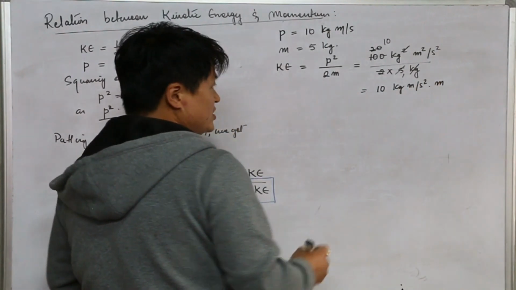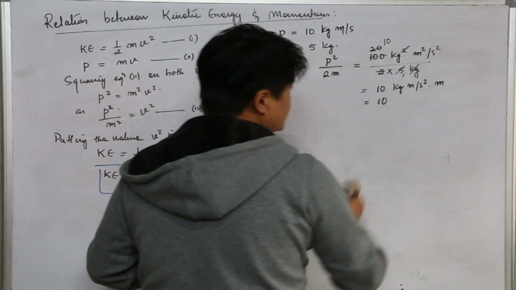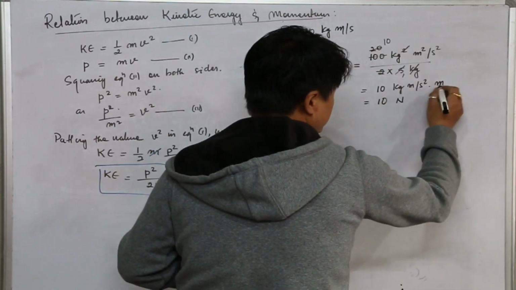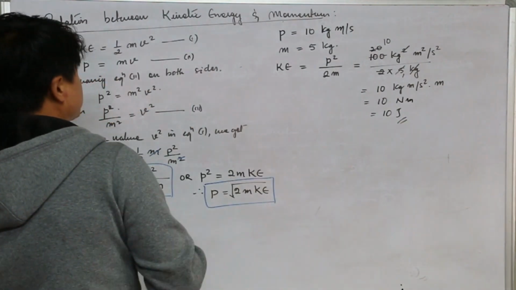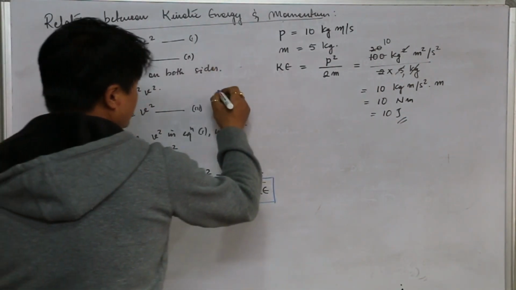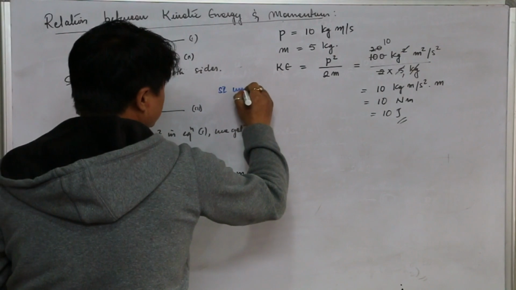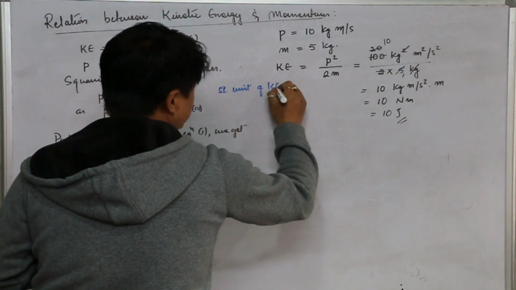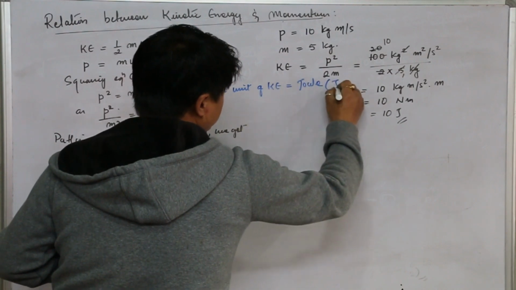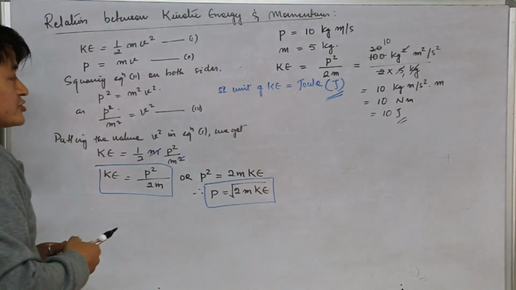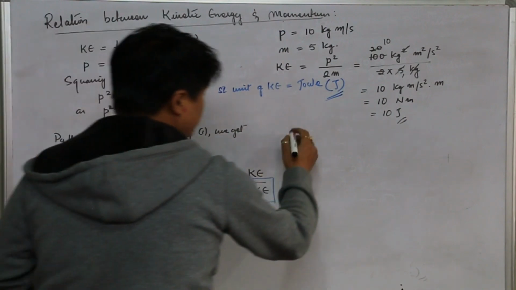We know that kg meter per second square is a Newton, and Newton meter is a joule, so this is 10 joule. So the SI unit of kinetic energy is also joule, denoted as J. So in another way also we can find the kinetic energy.